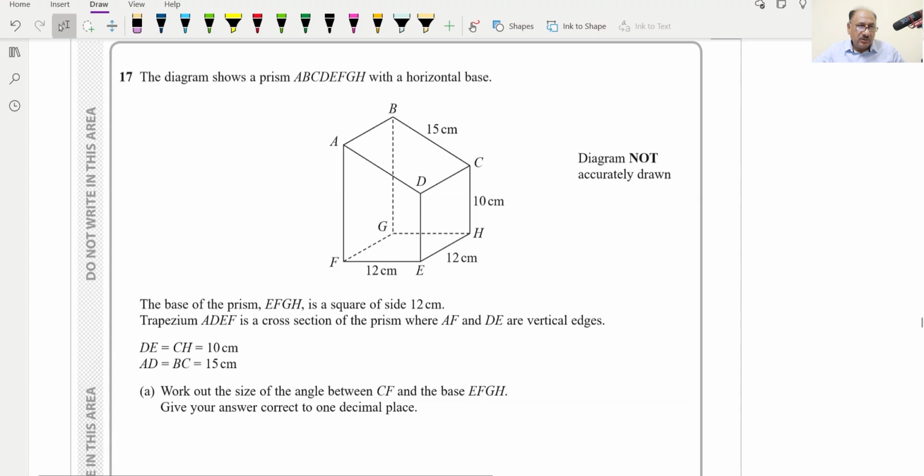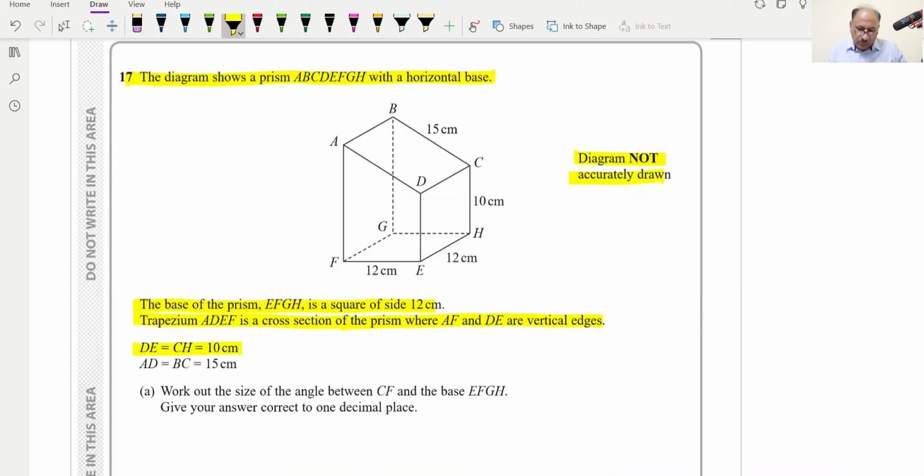Now question number 17. The diagram shows a prism with horizontal base. Diagram is not accurately drawn. The base of the prism is a square of side 12 centimeters. The trapezium is a cross section of prism where AF and DE are vertical edges.